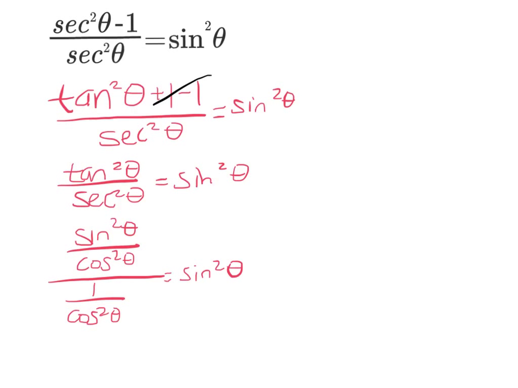Now notice here we've got a fraction with the denominator of cosine squared and a fraction with the denominator of cosine squared, which means those can cancel. And look at that. On the left, all we're left with is sine squared theta, and that's equal to sine squared theta.